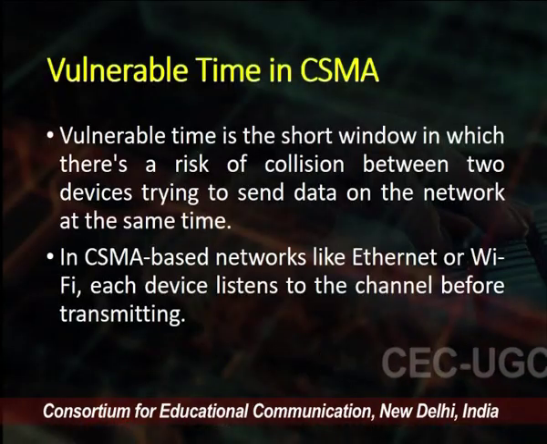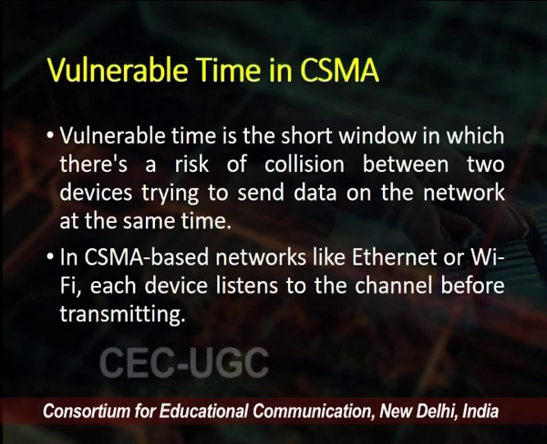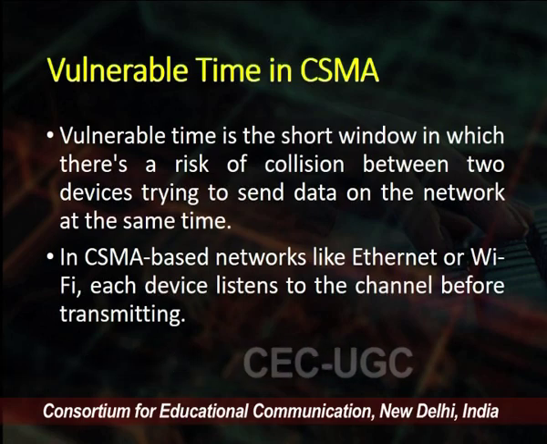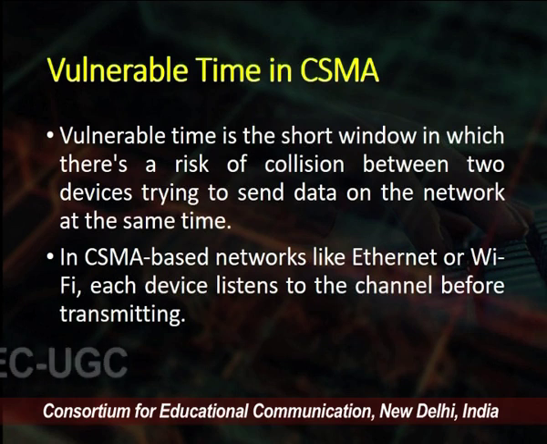That window in which there are chances of collision is known as vulnerable time. The shorter the window, the higher the throughput; a large vulnerable time obviously results in less throughput.